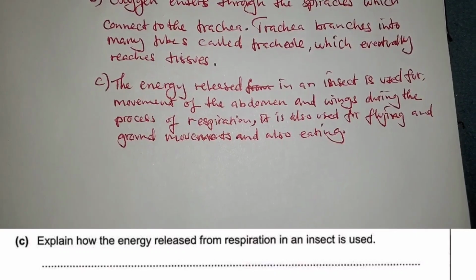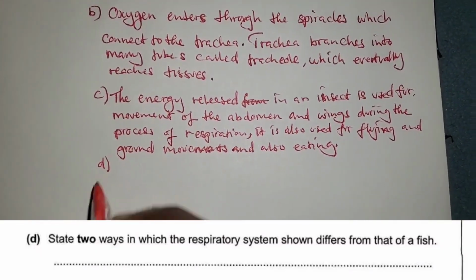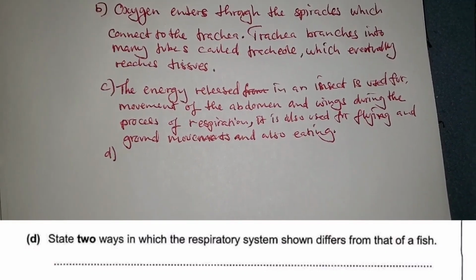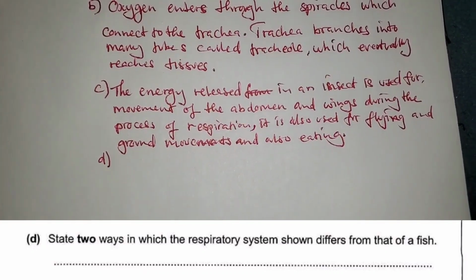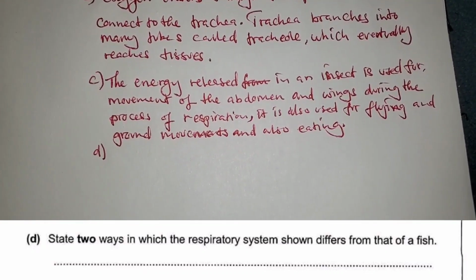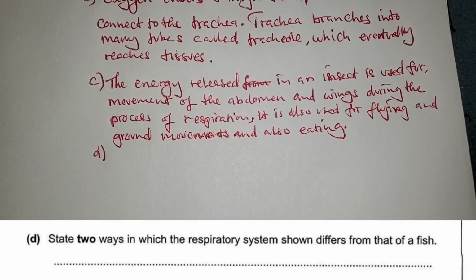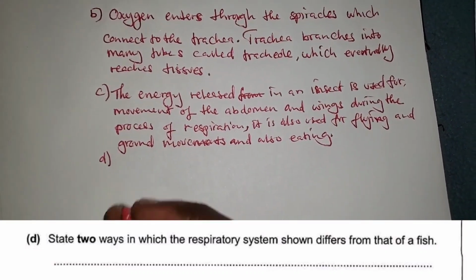Last question, but not the least, which is question D, on the respiratory system of an insect. State two ways in which the respiratory system shown differs from that of a fish. Now, this is simple. Two ways.